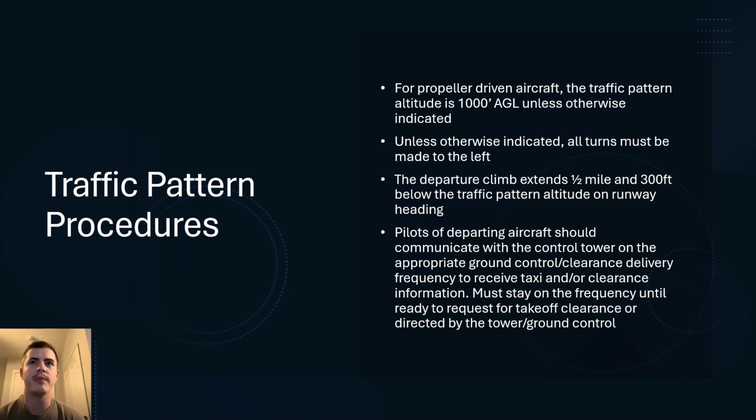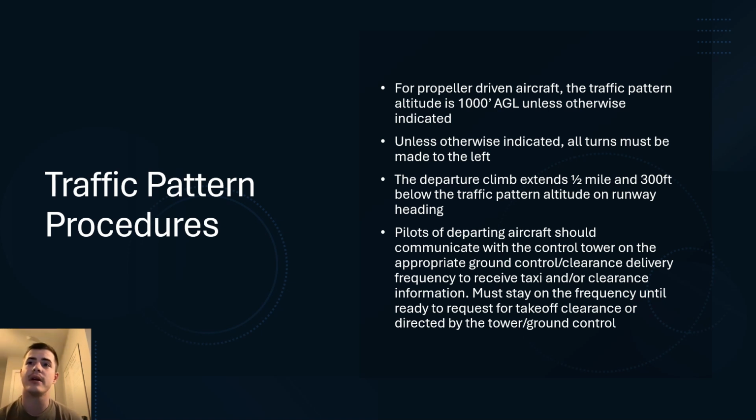It just depends on the airport. Same goes for the left turns. Unless otherwise indicated, all turns must be made to the left. If it's indicated on the chart supplement, it could show a right turn pattern.